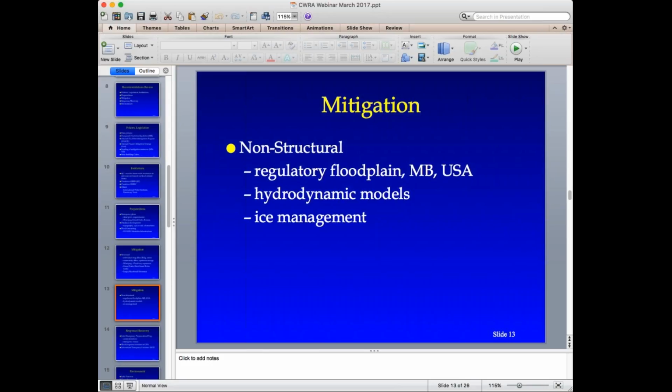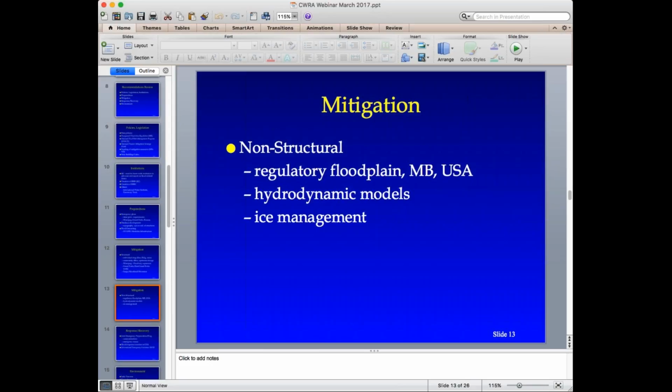Part of this is the result of having data, LIDAR data, to provide a topography, and also the need to examine some of these structural measures carefully with hydrodynamic models. And both one-dimensional and two-dimensional hydrodynamic models were used and developed to deal with some of the mitigation efforts.